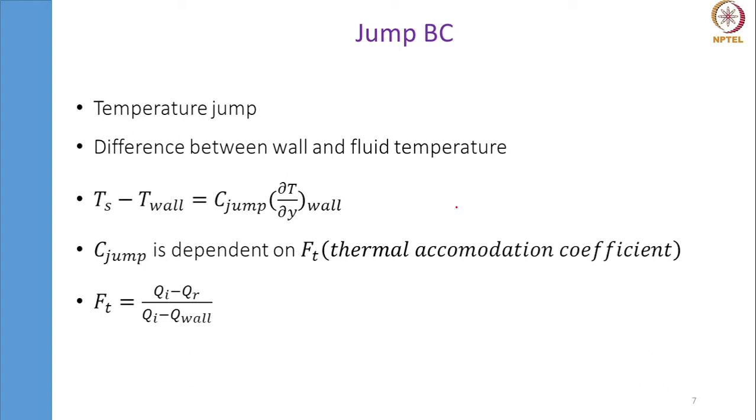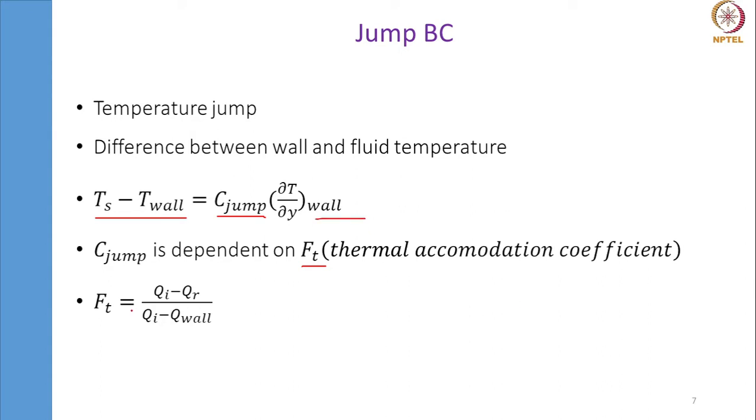That is, there is a temperature difference between the fluid next to the wall and the wall itself. The difference is given by C_jump, which is dependent upon a thermal accommodation coefficient, that is F_t, times dT/dy at the wall.